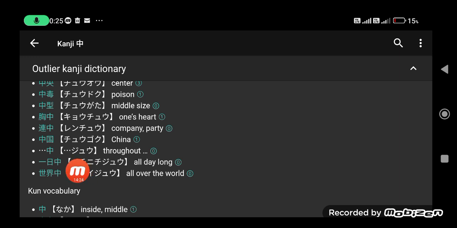So what is the Dakten form of chu? The Dakten form of chu is ju. You can see the Dakten form sign here. So the chu will become ju in a system of blah blah blah ju.